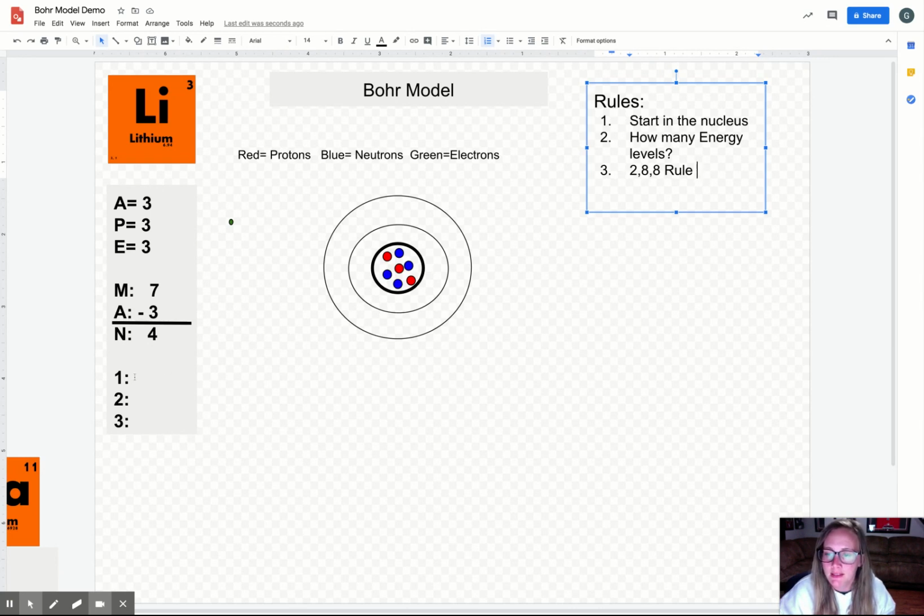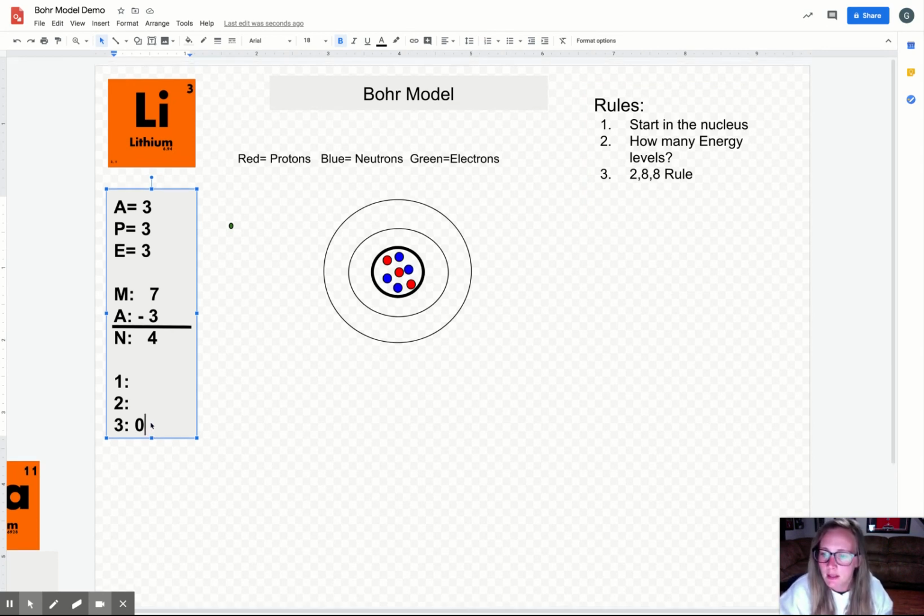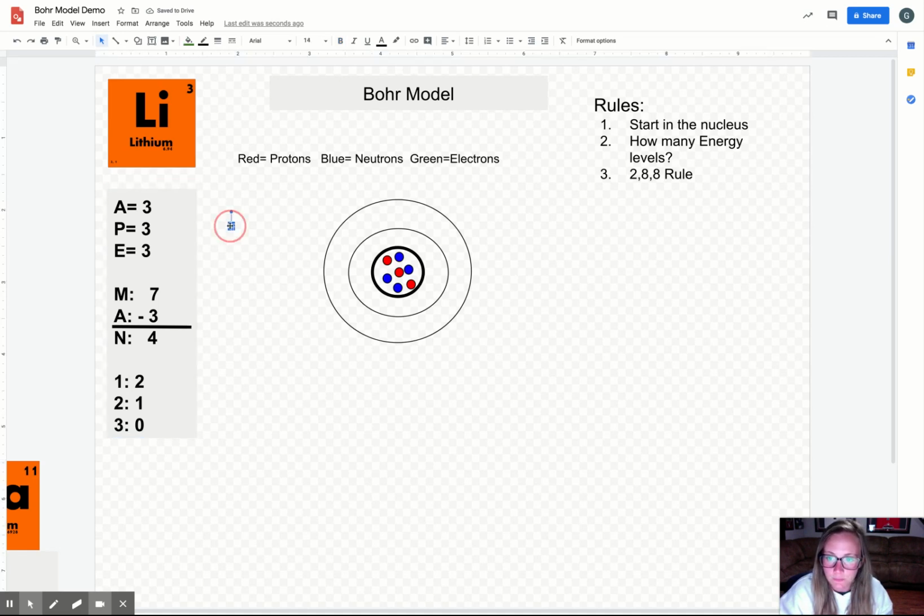Lithium has a total of 3 electrons. It is in period 2, so it only has 2 energy levels. Because I know it only has 2 energy levels, there's not a number here. There are no electrons in the third energy level because it doesn't exist. The first energy level can only have 2, so that means I only have 1 in the second, giving me a total of 3.